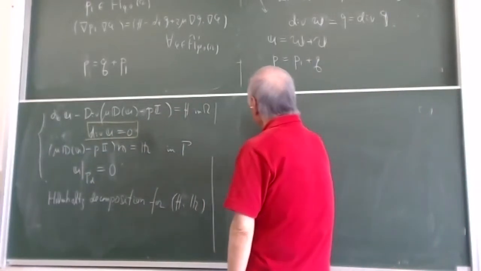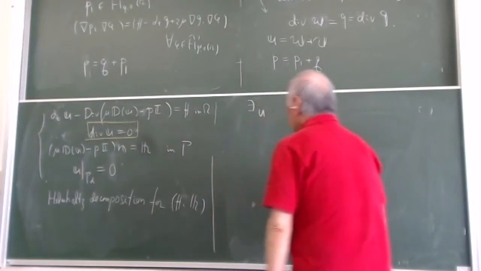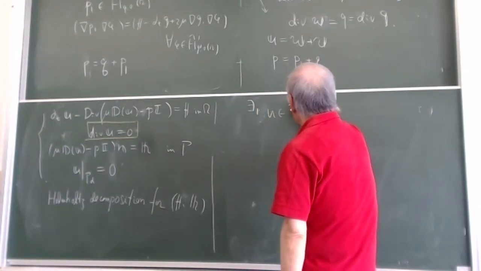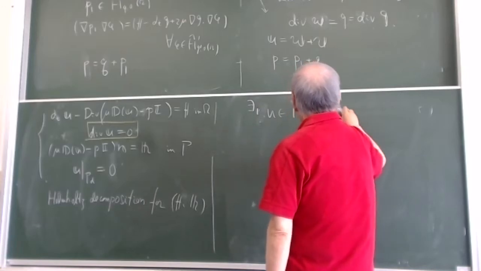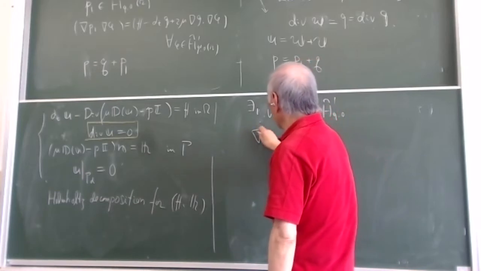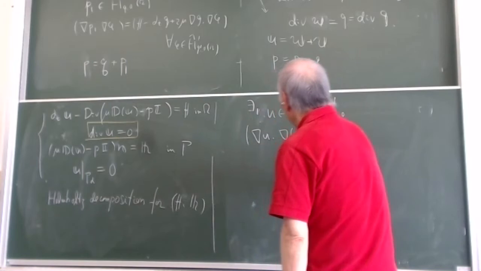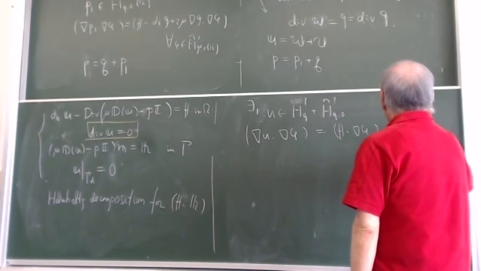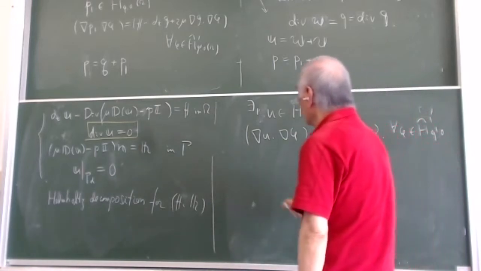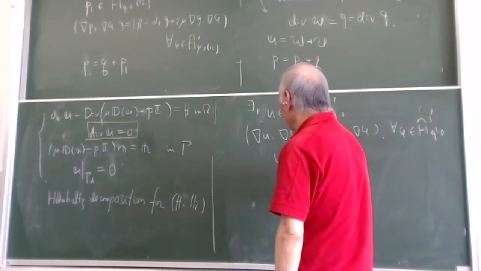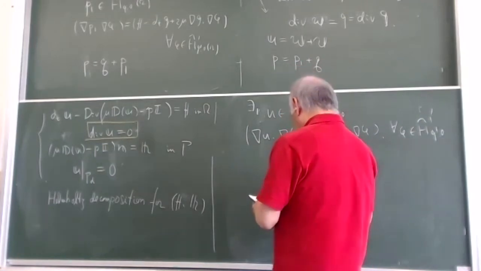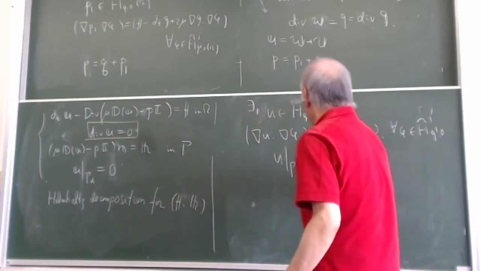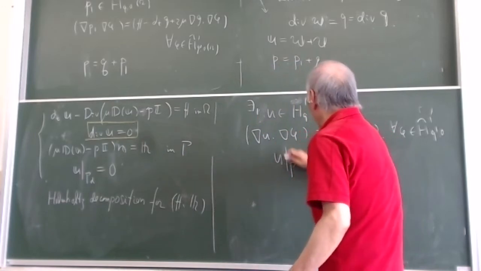Now, this means that now we find U, which is solve the boundary into, I think that's H, maybe minus.